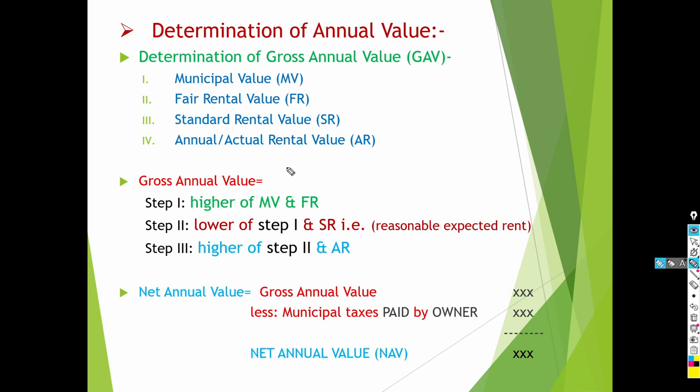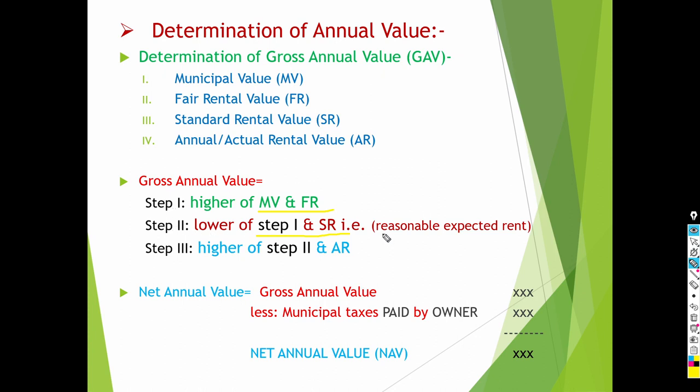Now, what are the steps for determining the gross annual value? There are 3 steps. First step is you have to compare municipal value with the fair rent and take the higher amount. Second step is the amount of the first step has to be compared with the standard rent and take the lower amount.